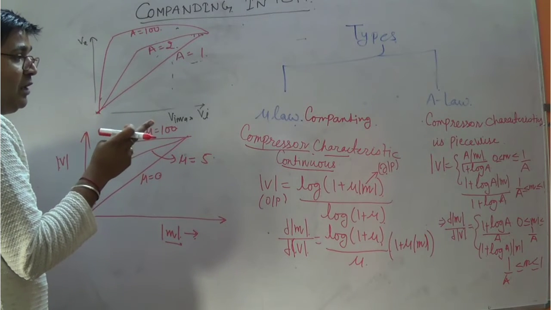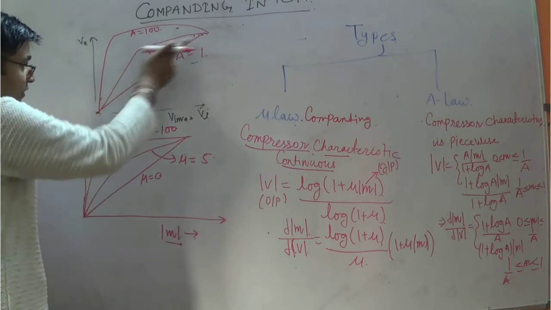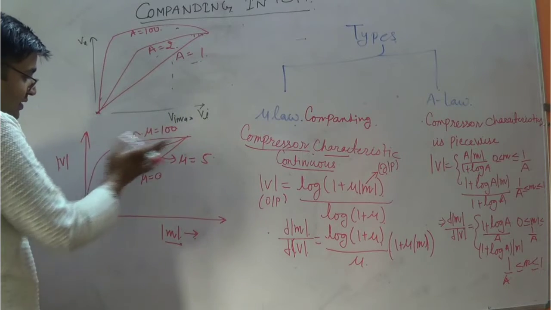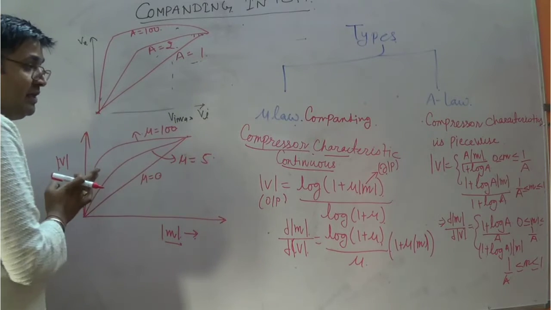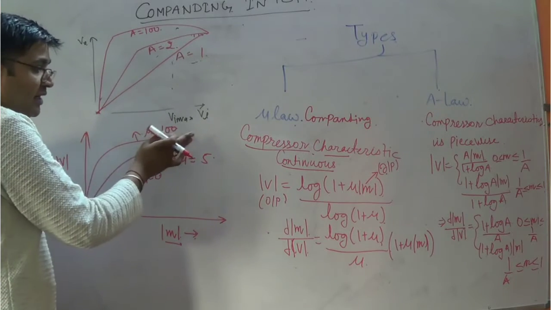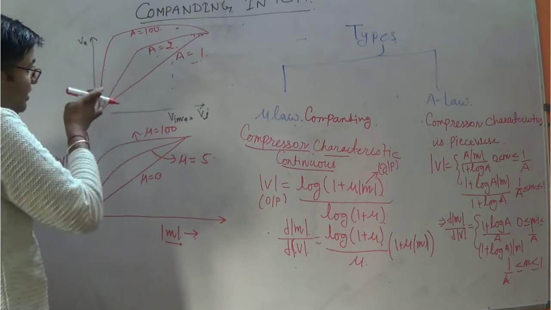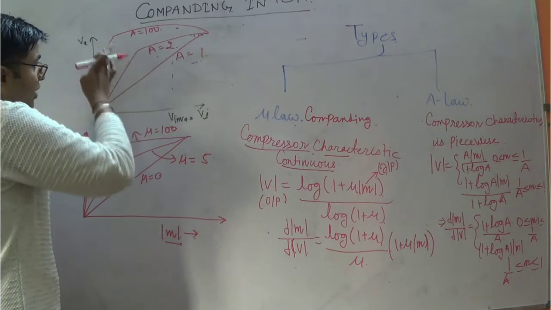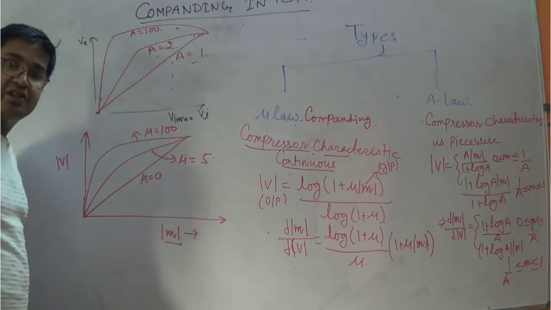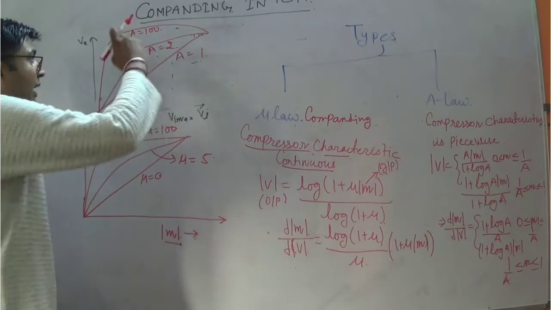The A law companding is quite different from the mu law companding. In mu law the characteristics are quite linear and continuous, but in A law it is piecewise. There is quite a significant difference at the lower level and high level.